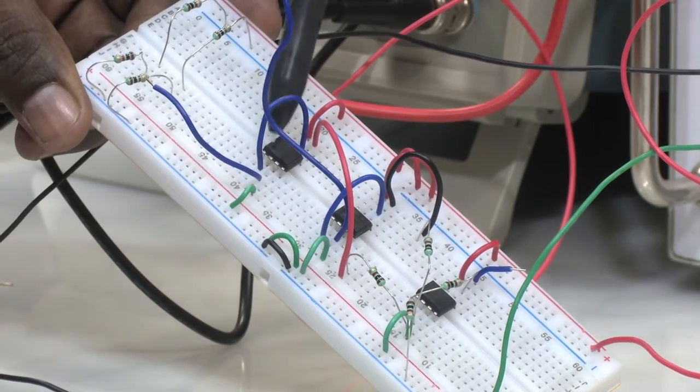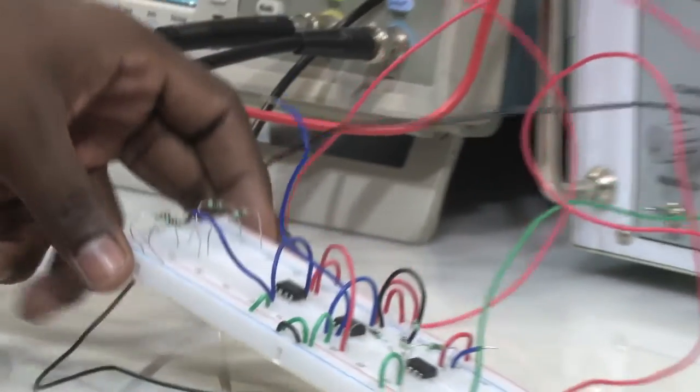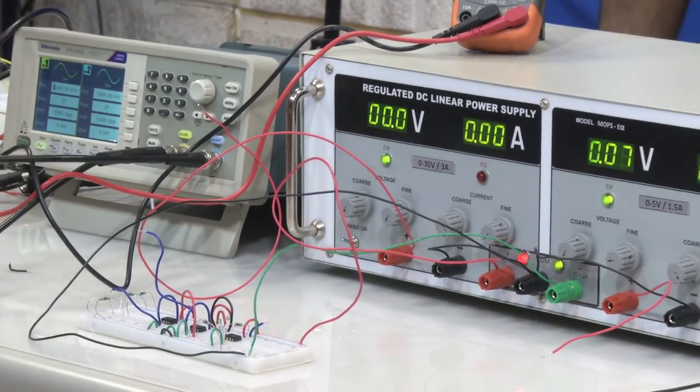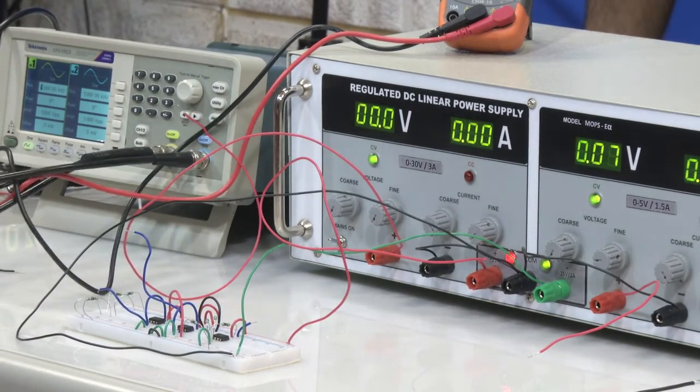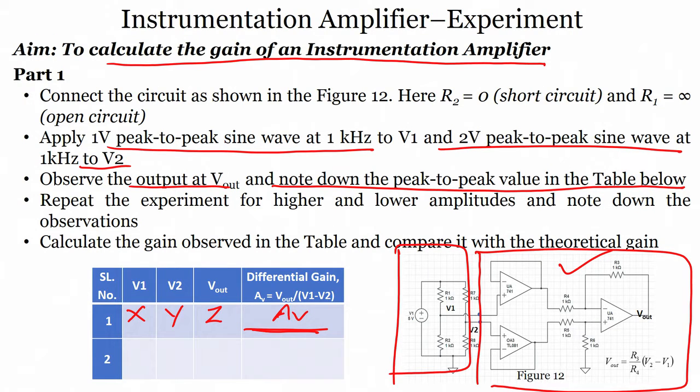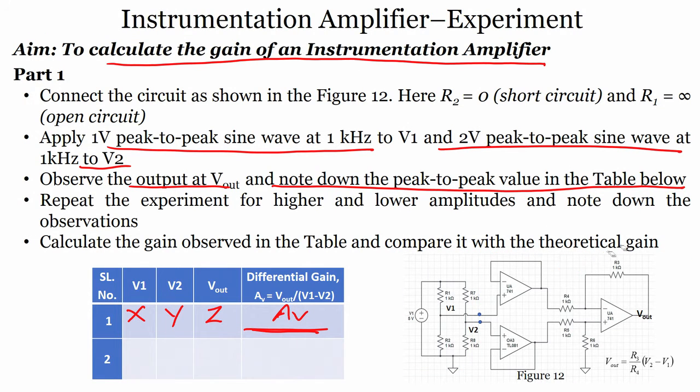Now, let us first apply voltage to the differential amplifier. So, we will apply 2 voltages, V1 and V2. If you come back to the circuit on the slide, what we are applying right now is voltage here and voltage here, V1 and V2. So, let us go back to the breadboard.